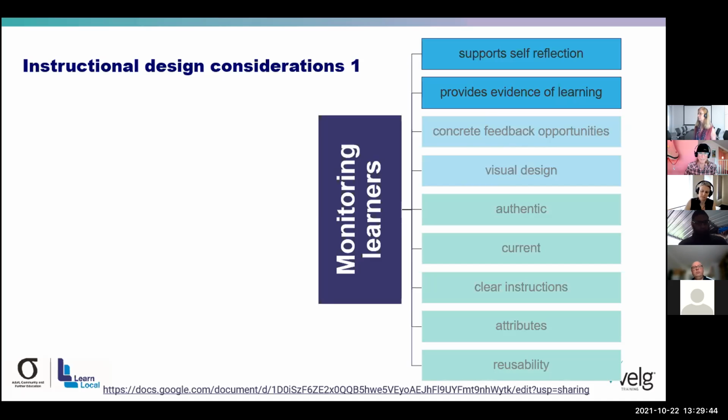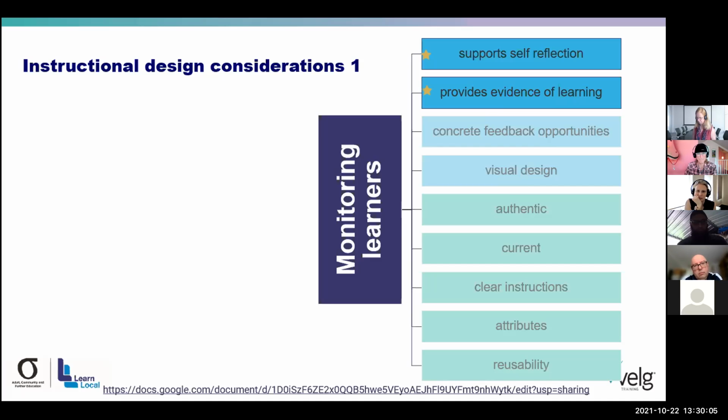I'm not quite sure that instructional design goes with this, but it sort of does. So what we're going to try and do is build a checklist over the few weeks about what are the kinds of design factors that might support self-reflection. We've talked a lot about that, and that provides evidence of learning.